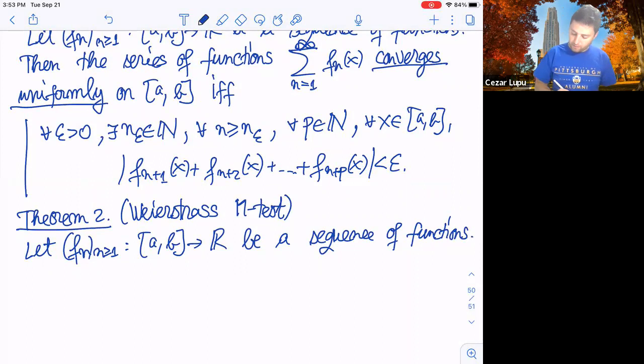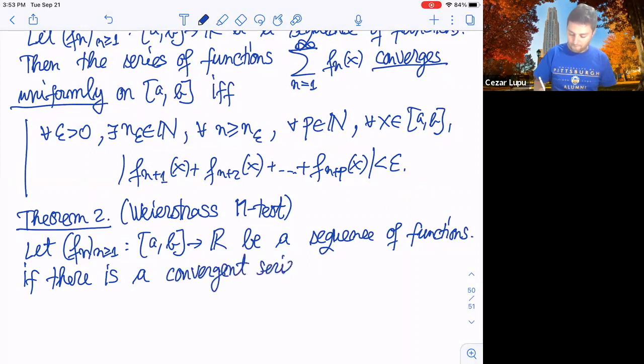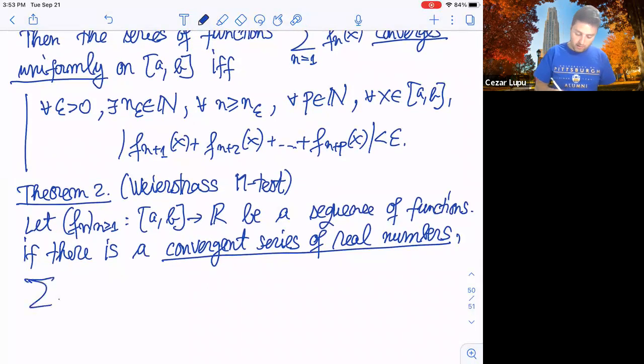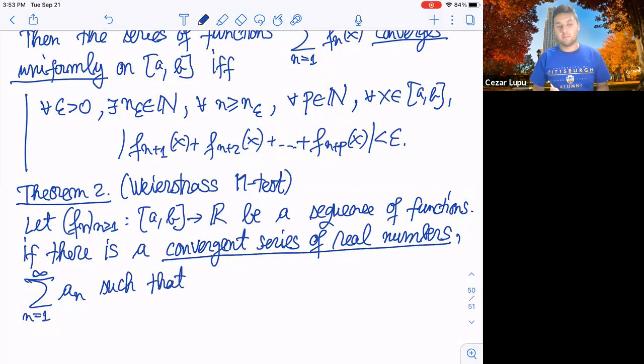If there is a convergent series of real numbers, the sum of an, so this is a series of real numbers, there is no x there, such that the sequence an will dominate the sequence, such that we have this condition: the absolute value of fn of x is less than or equal to an, for all n, for all x in AB.